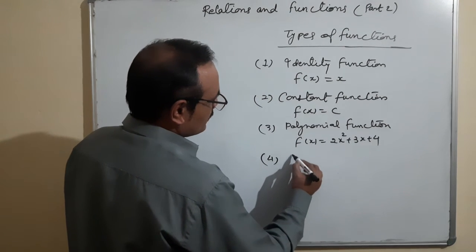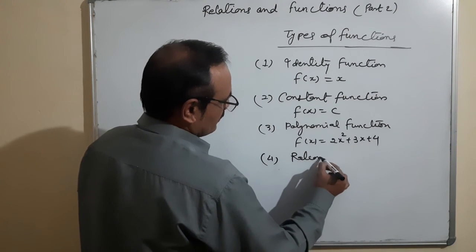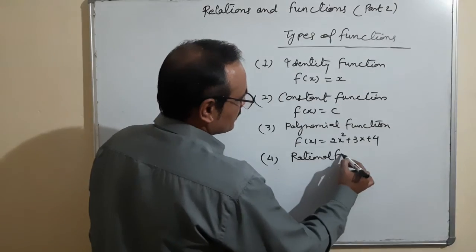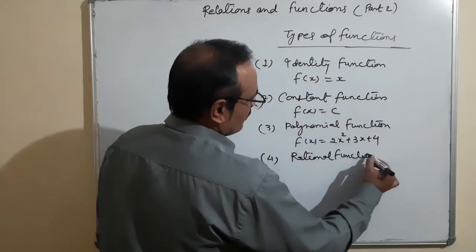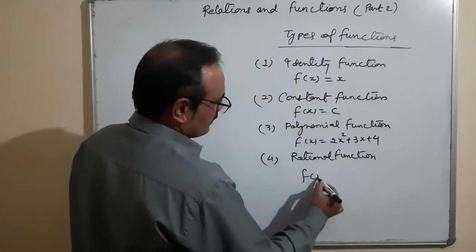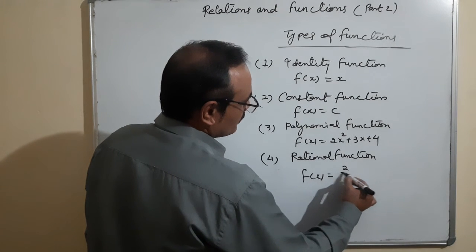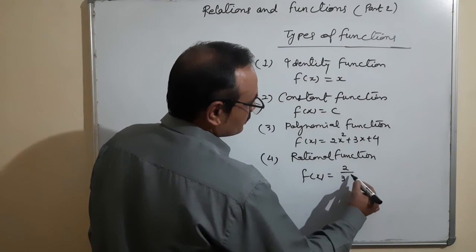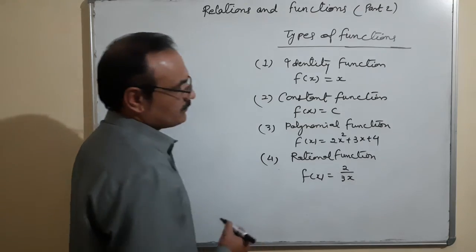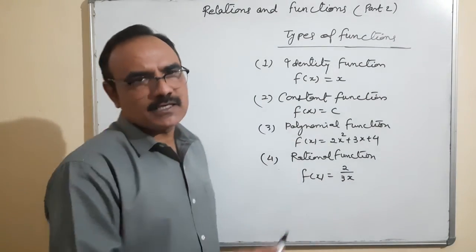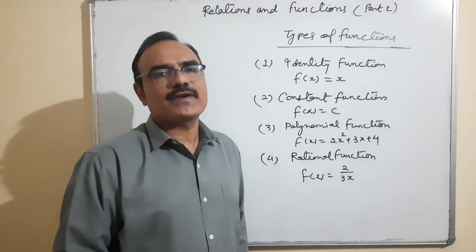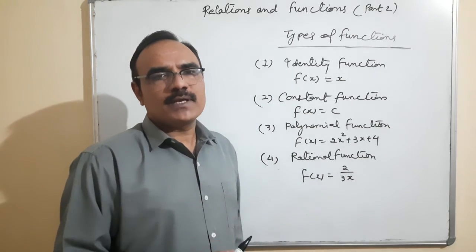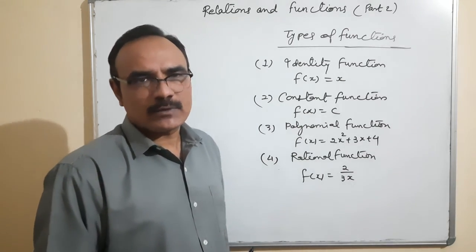After that, rational function. What is the meaning of a rational function? f(x) = 2/(3x). It's a rational function. That means any function in the form p/q, where p and q are integers and q is not equal to 0.